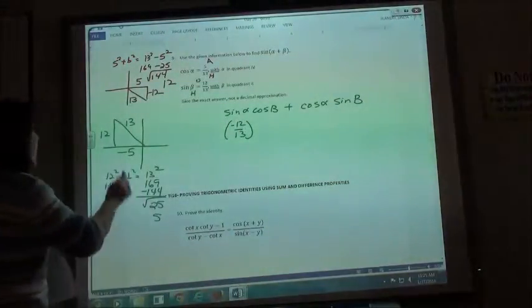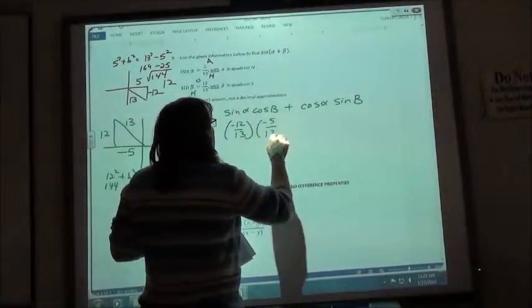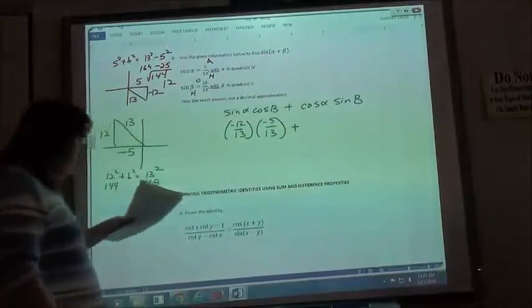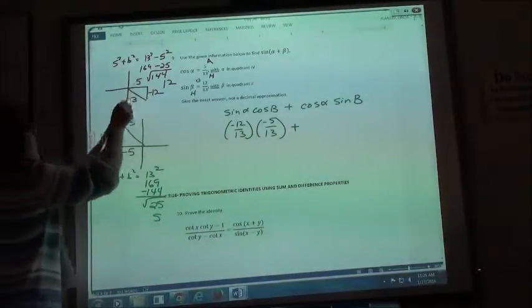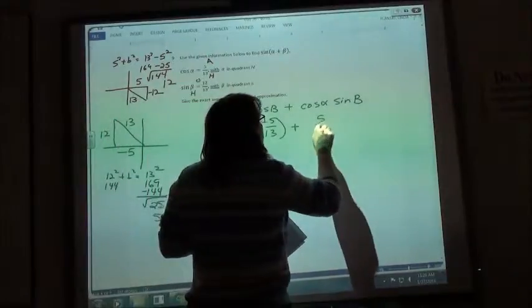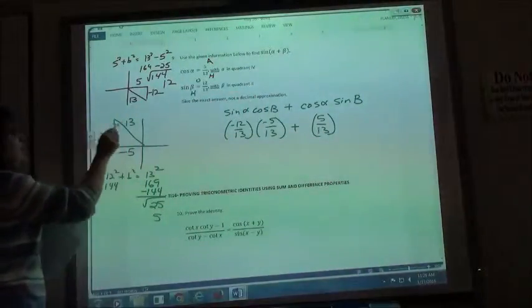Cosine of beta, negative 5/13. Cosine of alpha, 5/13. Sine of beta, 12/13.